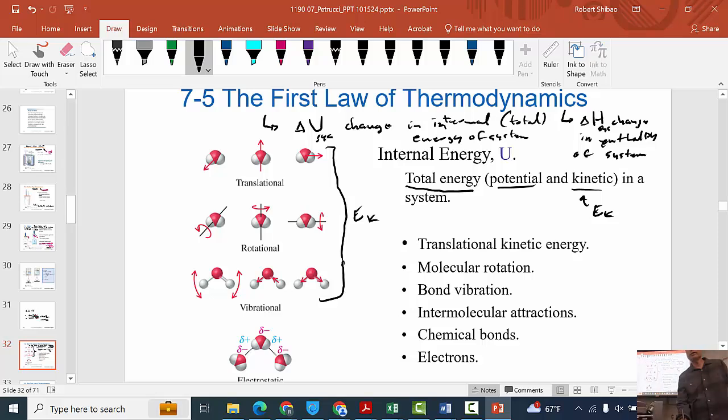For kinetic energy, we can calculate the translational kinetic energy, that's 1/2 mv squared. We can calculate the rotational energy, which you don't have the equation for. We can calculate the vibrational energy, which you don't have the equation for either. You only have the kinetic energy for an ideal gas or a monatomic species. So we'll have this translational, this is our EK, and so we can calculate.